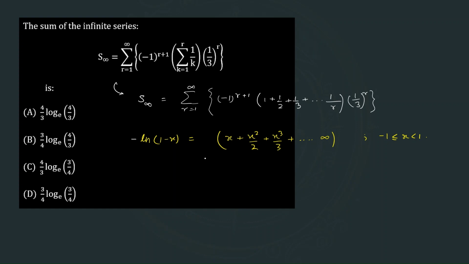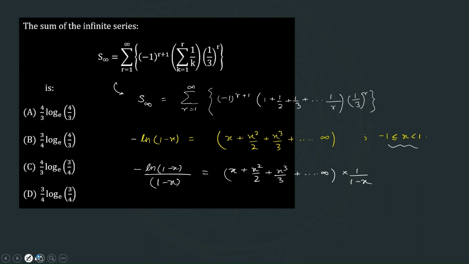Now notice a very interesting thing: if I multiply both sides by 1/(1 - x), all of this is happening when x lies in the given range, so x is less than 1 as well as greater than or equal to minus 1. Now let us consider the range minus 1 less than x less than 1.